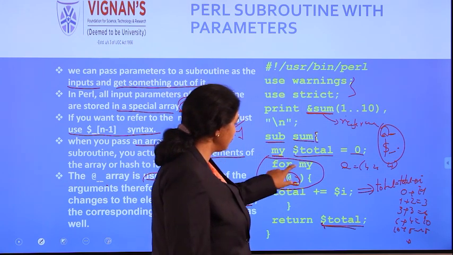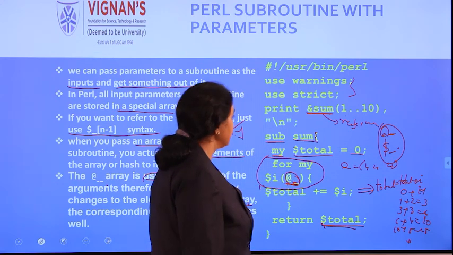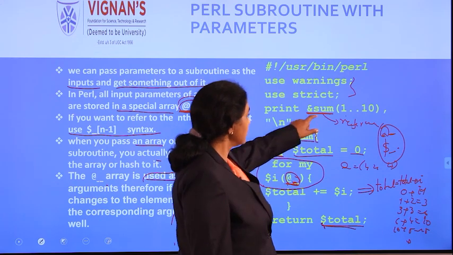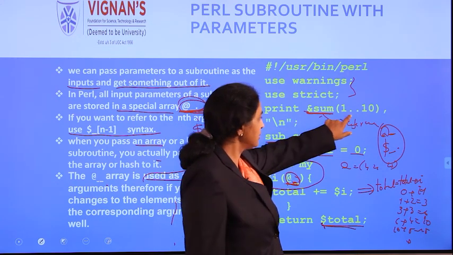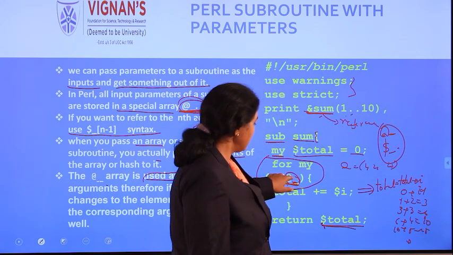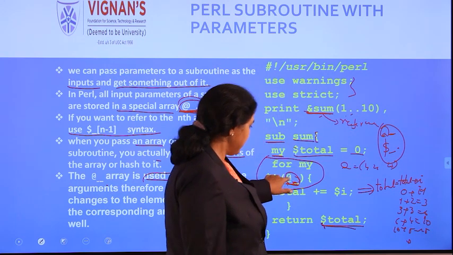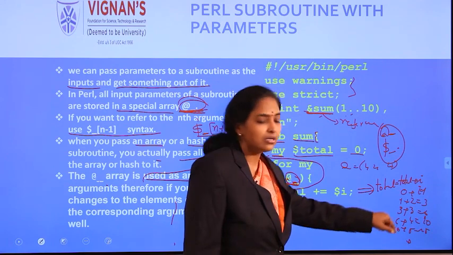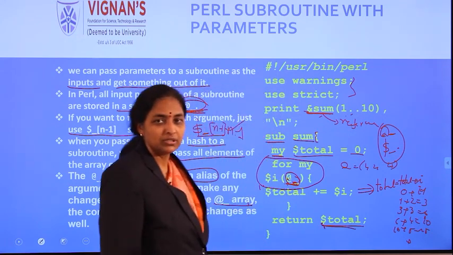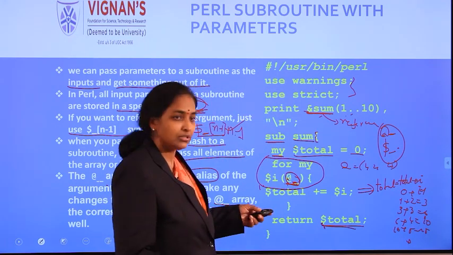That's the way we are passing the parameters inside. Now the reference is, while calling this, these are the parameters that come and they refer here. So this is the way how it will work. Is it clear? I hope everyone has understood.